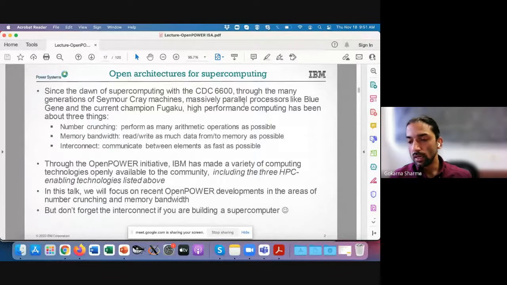I think I did not say memory speed is increasing. Actually, memory speed is increasing, but it's increasing slowly compared to the processors. There is a trade-off between cost and memory bandwidth.